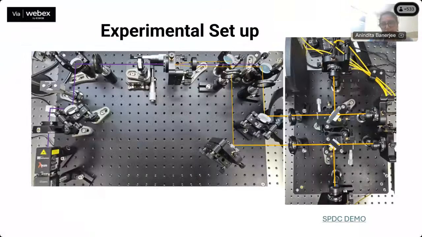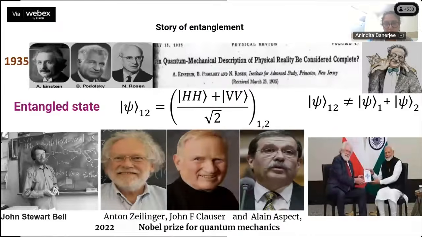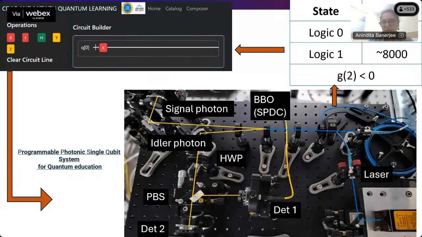Now, this is the entanglement setup. When I showed you the earlier setup, it was also generating two photons, correlated photons. But these two photons are not entangled. It actually depends upon the type of crystal I'm using: crystal selection, orientation, polarization.